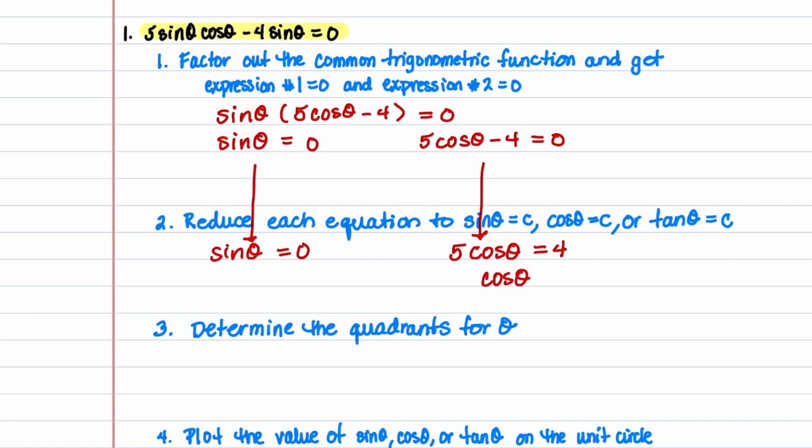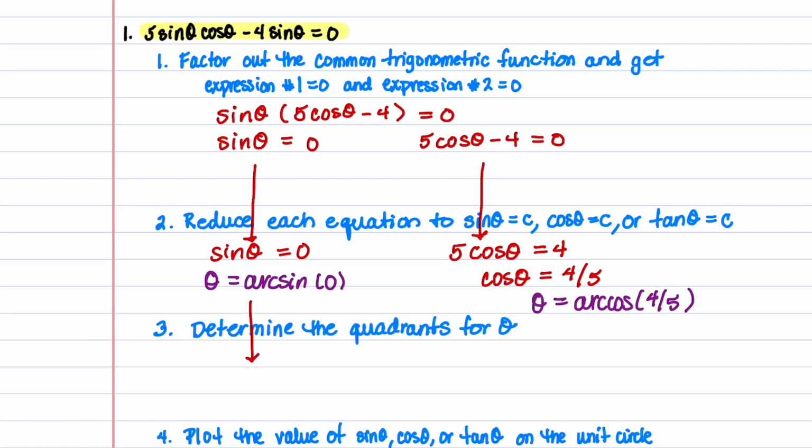And then cosine theta is equal to 4/5. Our solution for our first equation is theta is equal to arc sine of 0. And our solution to our second equation is theta is equal to arc cosine of 4/5.